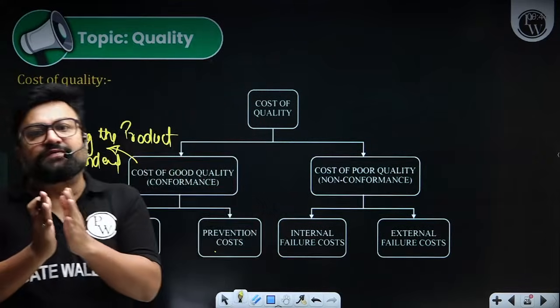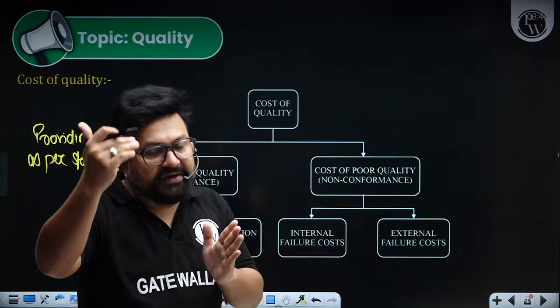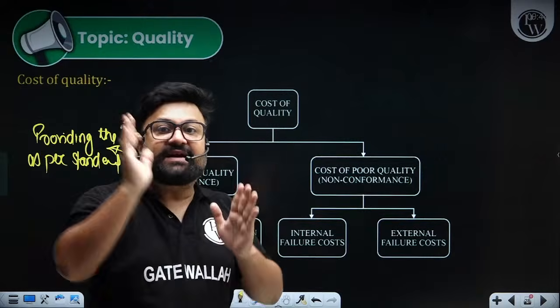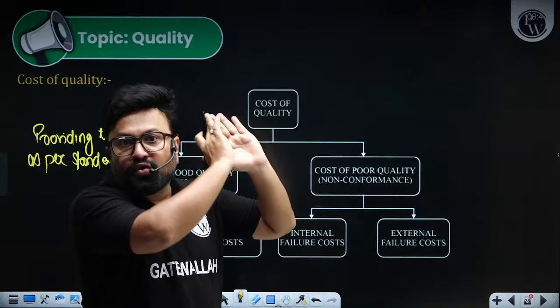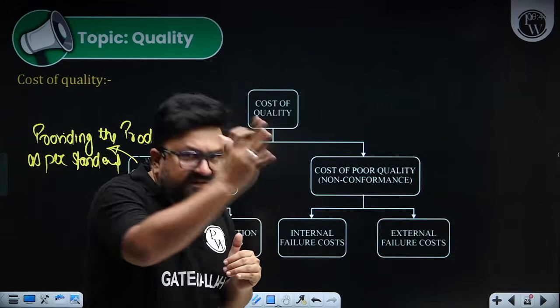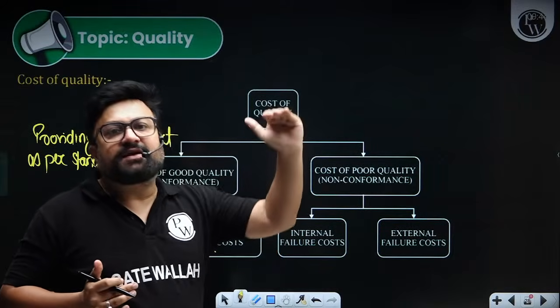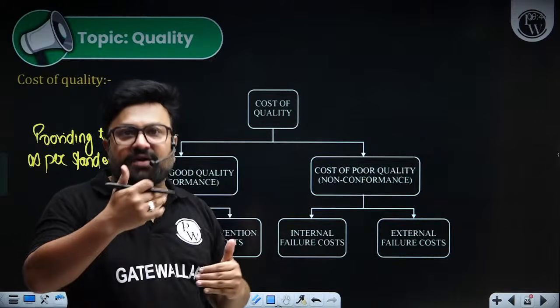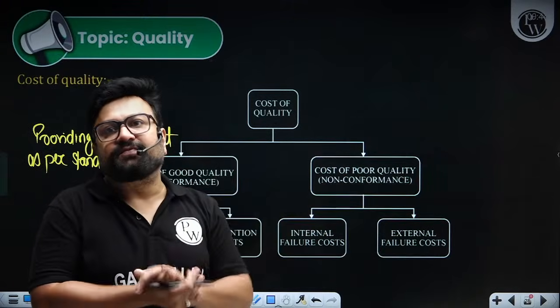The cost for the activity to assure that no defects are found. So if you give the certificate to the product that there is no defect, then automatically the cost of the product increases, and whatever the cost associated with that activity is known as what?